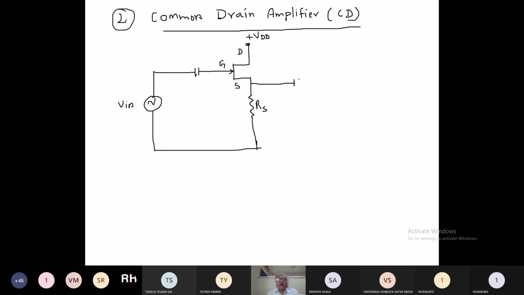Here you connect a capacitor. So suppose this is my capacitor C1 and this is my capacitor C2. And now here you can connect a load resistor. This is RL. So here you are taking the output.